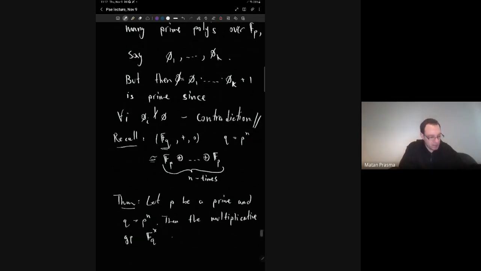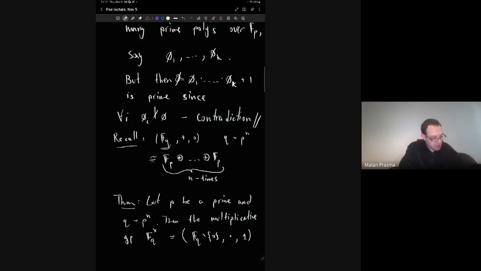This is you take Fq, you remove the zero element, and you look at this set with the multiplication given in the field Fq and the unit element 1.